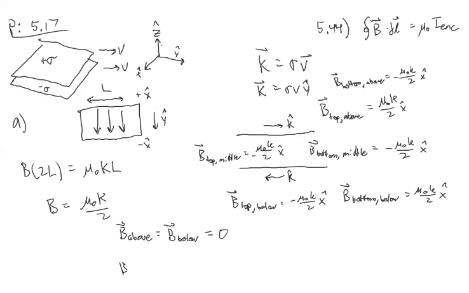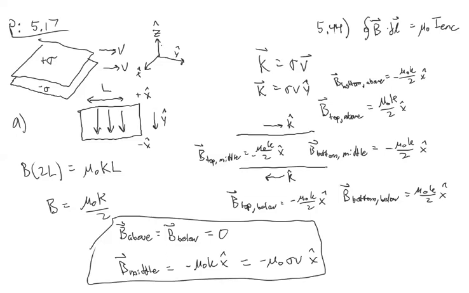The magnetic field in the middle is equal to negative mu naught K x hat, which, remember, K is sigma v. So that is the solution to part A.